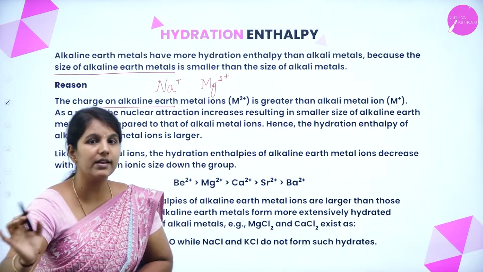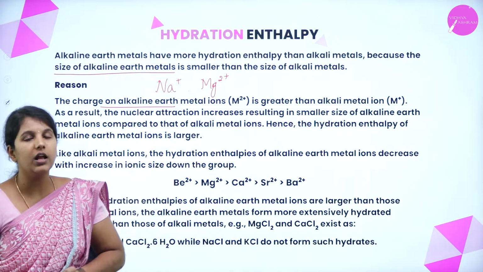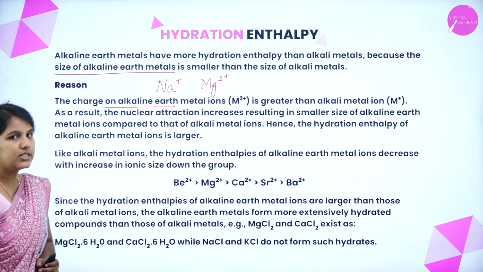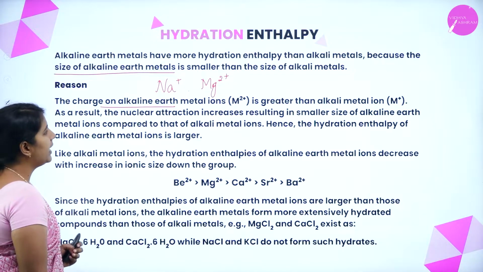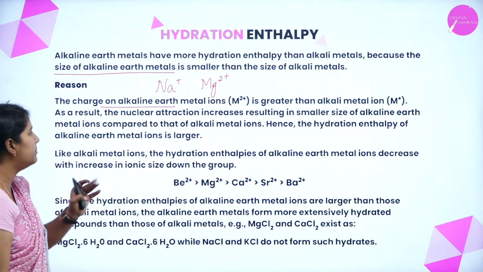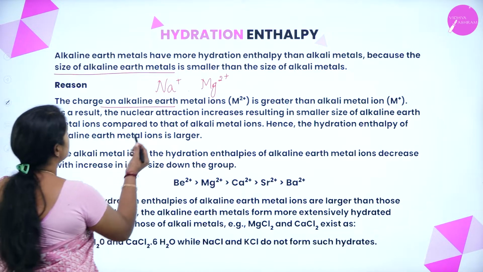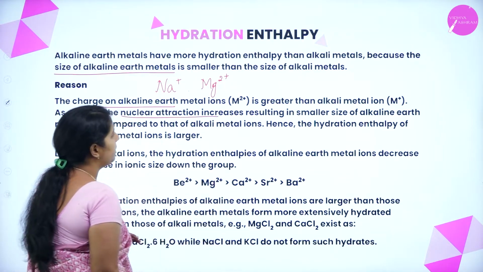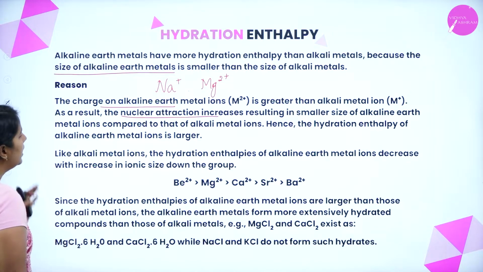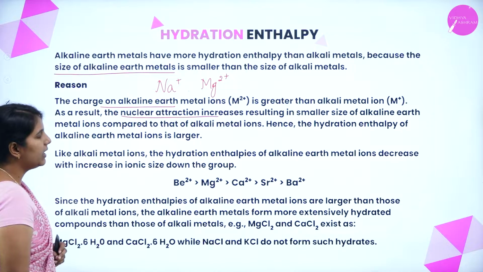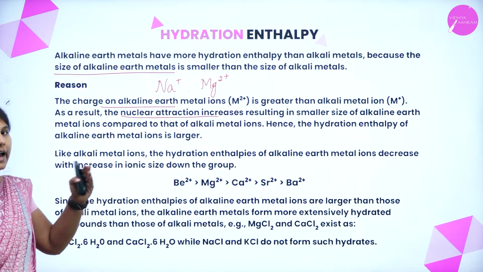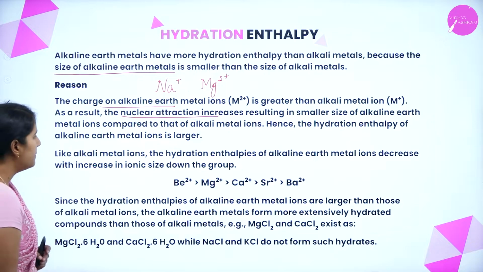The 2 electrons are readily available for bonding or to lose. Is it right? Hence, because the charges present on alkaline earth metals are greater than those of the alkali metals, nuclear attraction increases because of the smaller size of the alkaline earth metals compared with the alkali metals. Hence, they have a greater hydration energy as compared with the sodium metal.